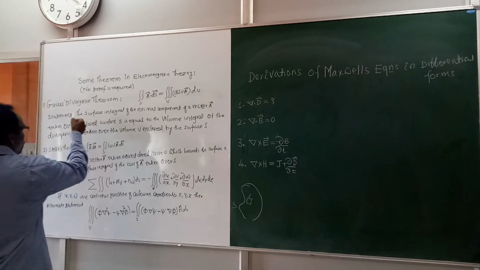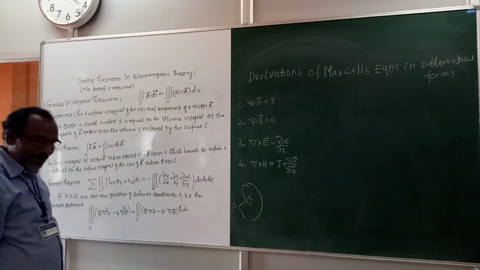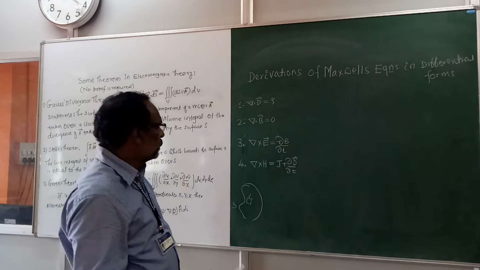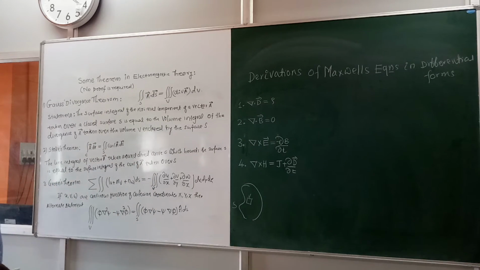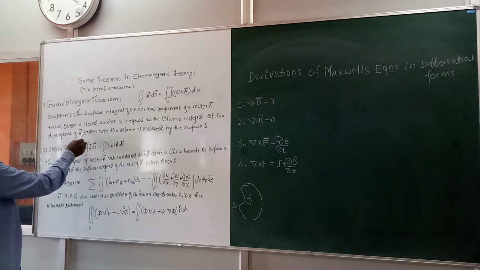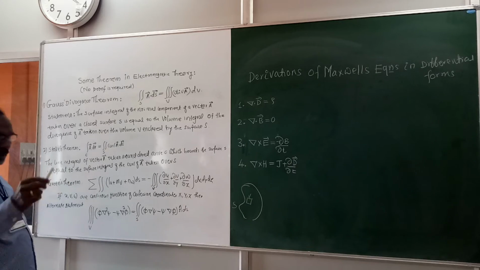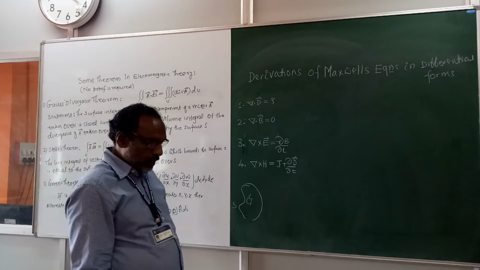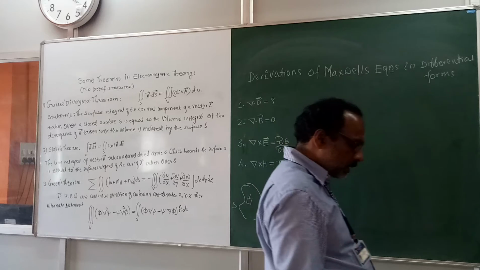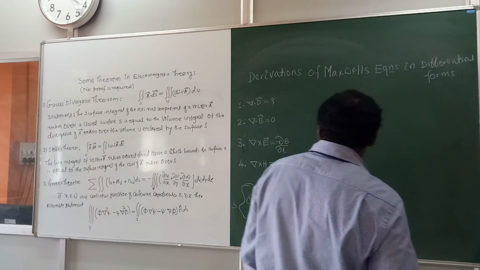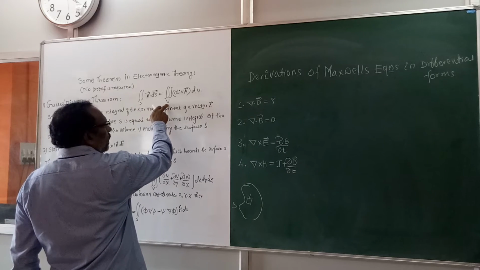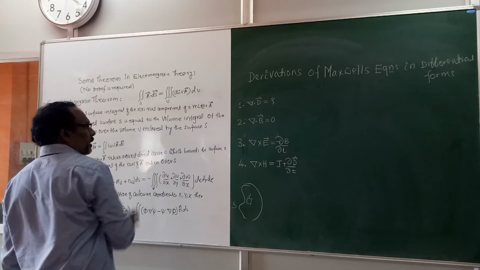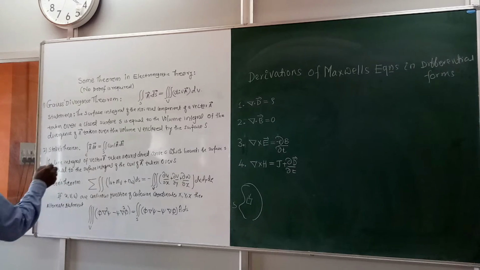So this is the tool which we have added, according to our syllabus, to the pool of knowledge here. The idea behind this theorem is to convert a triple integral into a double or surface integral, or a surface integral into a volume integral.